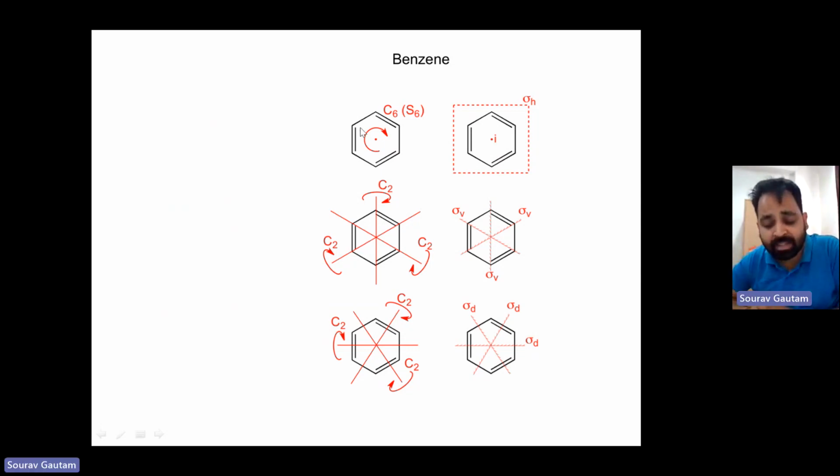It is the principal axis in benzene. Besides C6, there are 6C2. Which ones? Axes passing through one carbon and the opposite carbon. First, second, and third. After 2 rotations of 180 degrees, we get an identical configuration in C2.